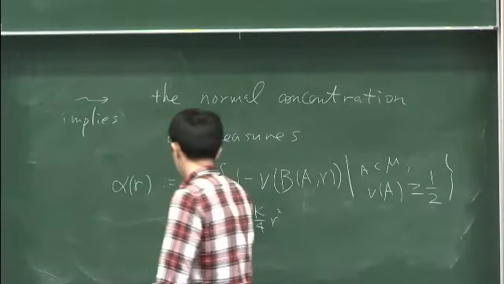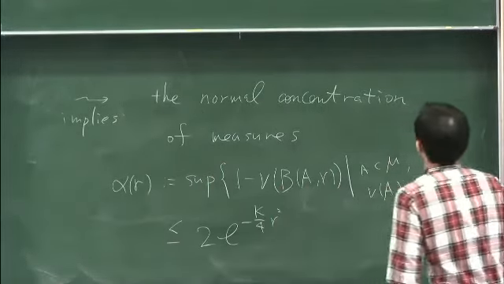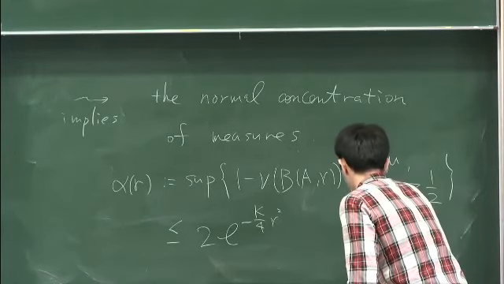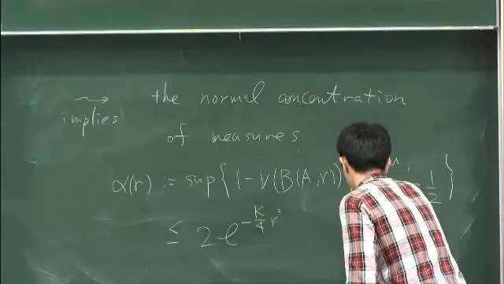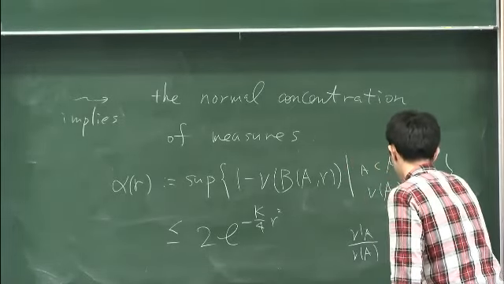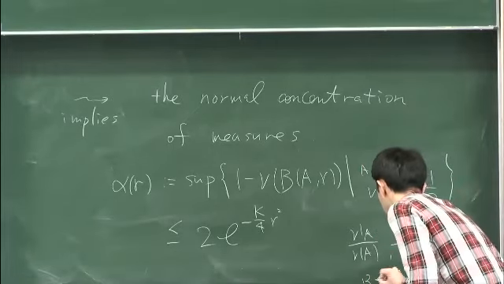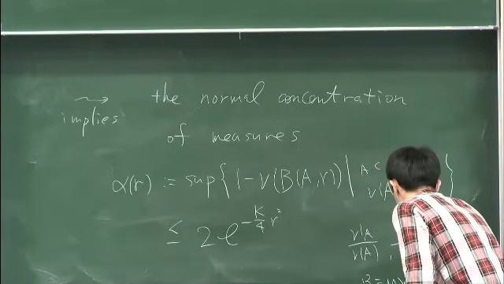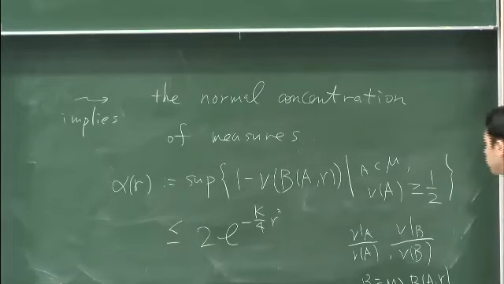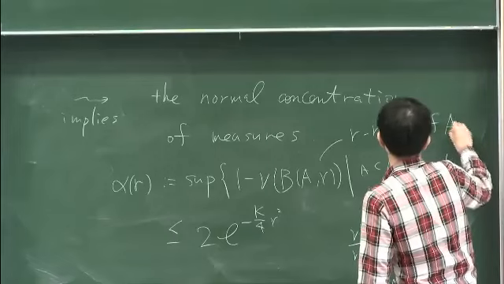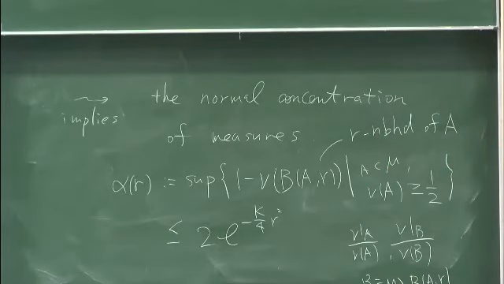And this is also easy, by applying the Talagrand inequality to uniform distributions on two sets A and B, where B is M minus the r-neighborhood of A. In some distance, I won't explain what it is.